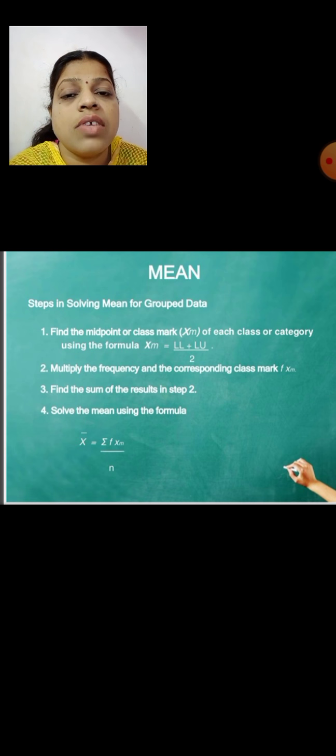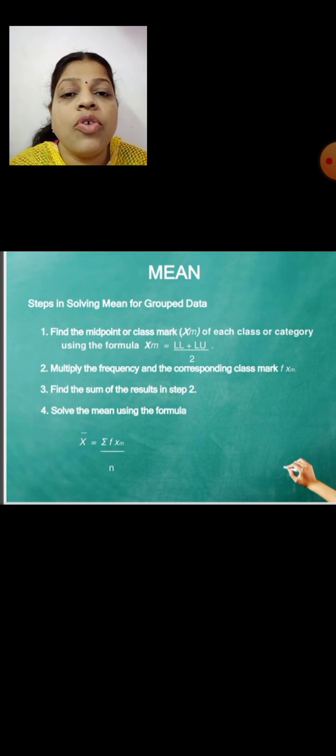That means data having a large size. So for that we have to group the data into various class intervals according to its magnitude. Here the various steps are given to find the mean for the grouped data.